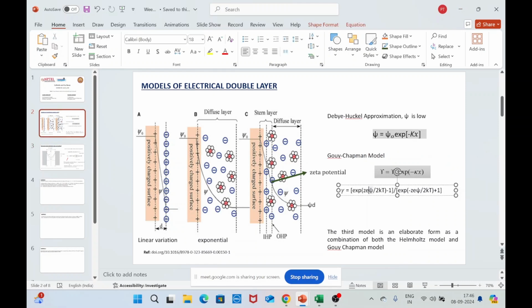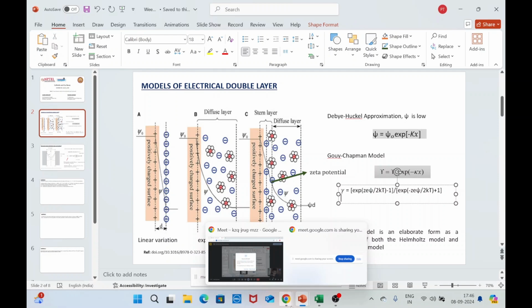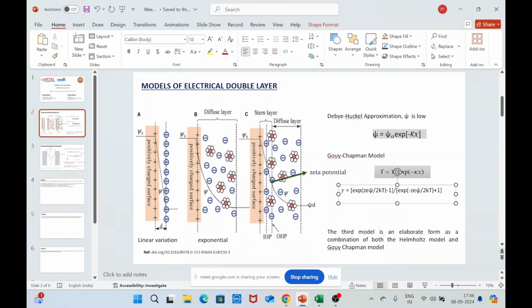So if you see here, your psi is nothing but, you can write Ze psi by 2kT as x. Let's take it as x.